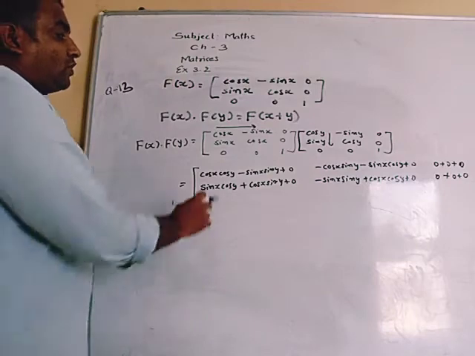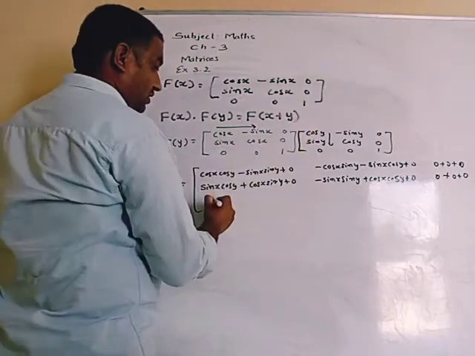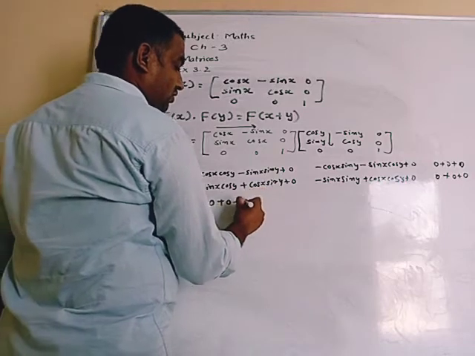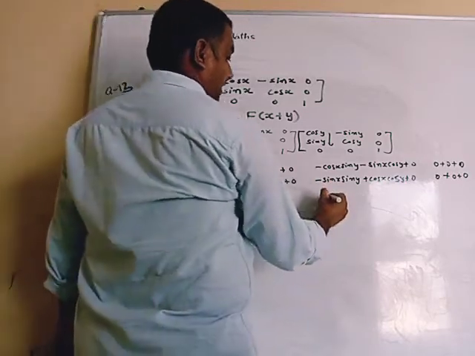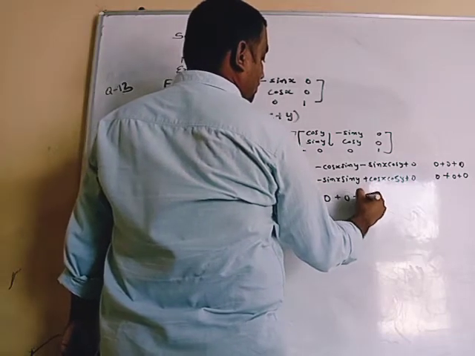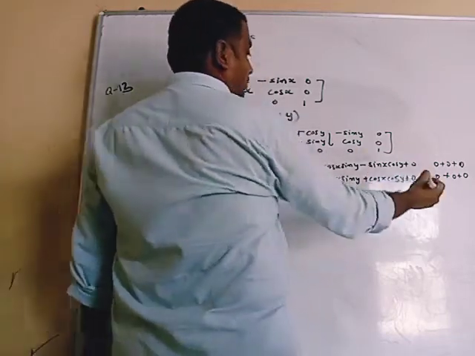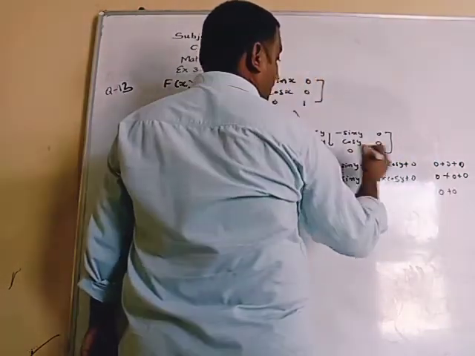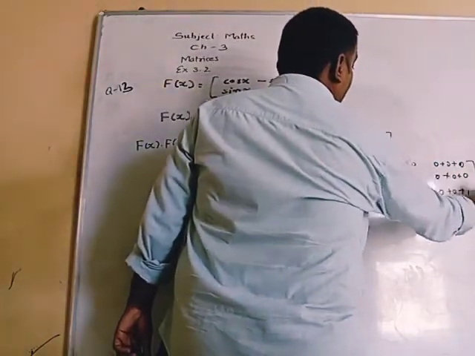Now the third row multiplied with the first column: cos into 0, 0, sin into 0, 0, 1 into 0, 0. Again sin into 0, 0, cos into 0, 0, and 1 into 0, 0. And here 0 into 0, 0, 0 into 0, 0, and 1 into 1, that is 1.